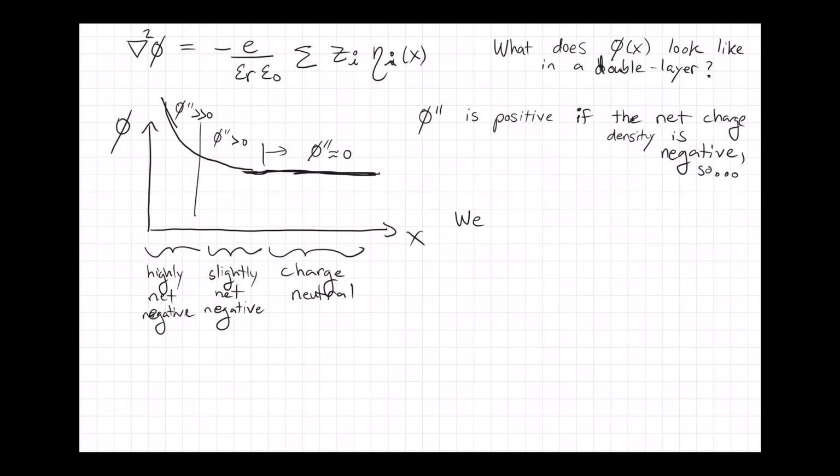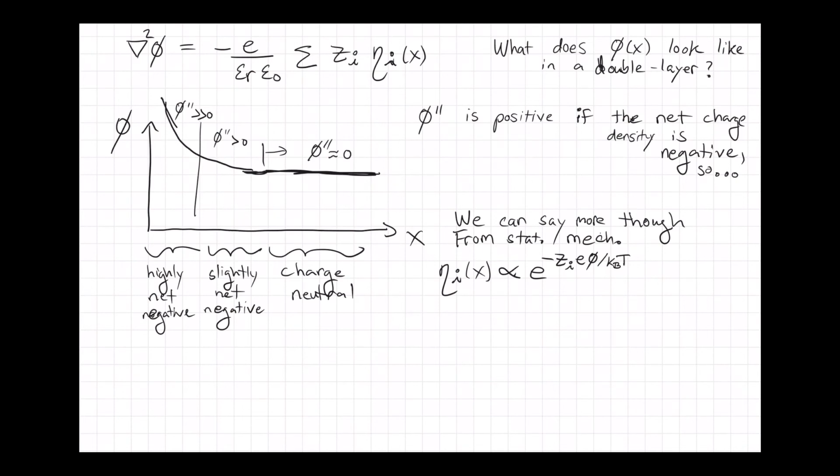We can do a little bit more than that, though. We can say something about what the number density of ions is at a particular point in the fluid by thinking about statistical thermodynamics. What we know is that the probability of the number density of ions being a certain amount is proportional to a scaling factor that is basically the chemical potential divided by kBT, the thermal excitation energy.